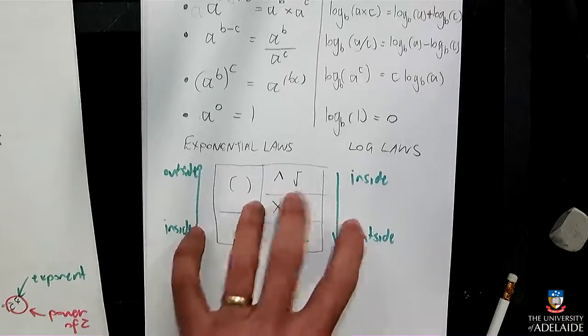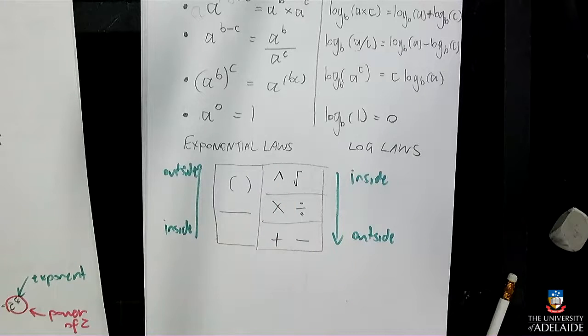This helps some people to remember what's going on with these laws, and it can take a bit of practice to get used to it. So really I should do some work on this, but there is one more law that I want you to be really sure of. So 2 more laws.